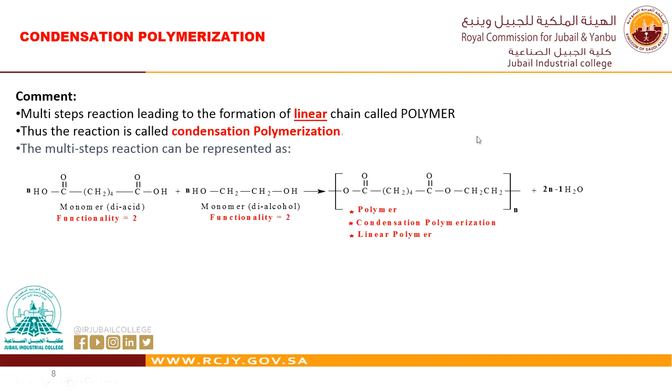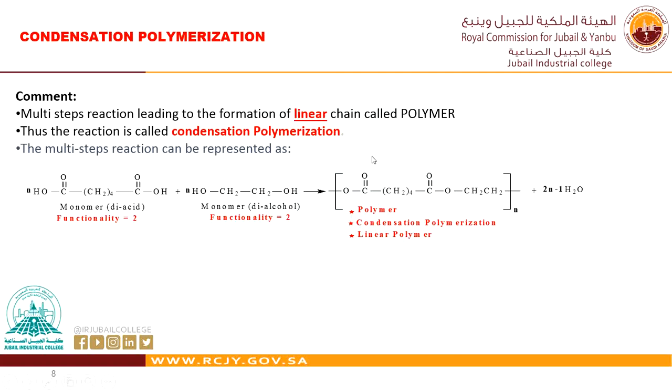So in summary, to represent that reaction, we take n number of monomer, which could be 100 or could be 1000, with n number of the second monomer. Since the 2 of them have functionality F equal to 2, it means that the 2 will react to form a polymer.